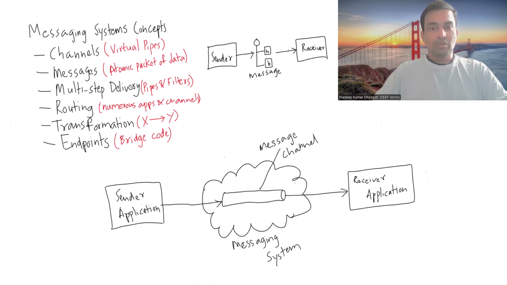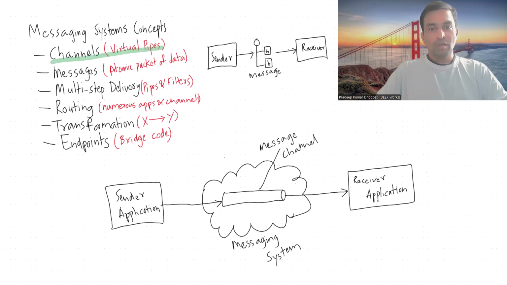Like most technologies, messaging involves certain concepts. The first concept is channels. Channels in a messaging system are like a virtual pipe which is connected between the sender and the receiver, and this channel is responsible for sending the message data from the sender's application or computer to the receiver's application or computer.